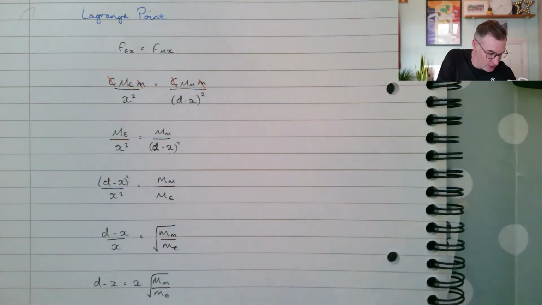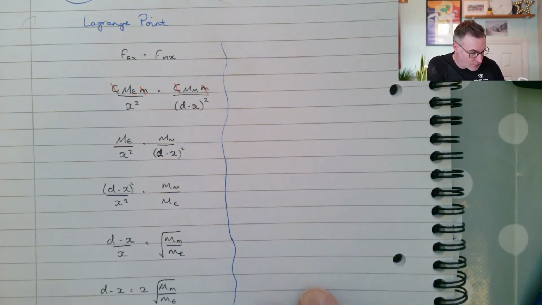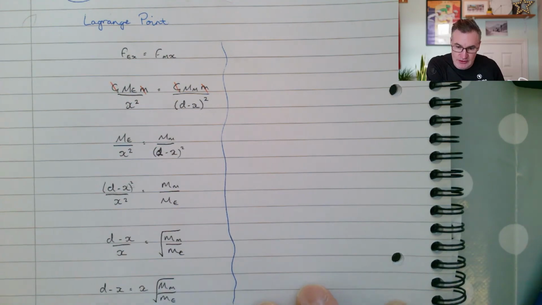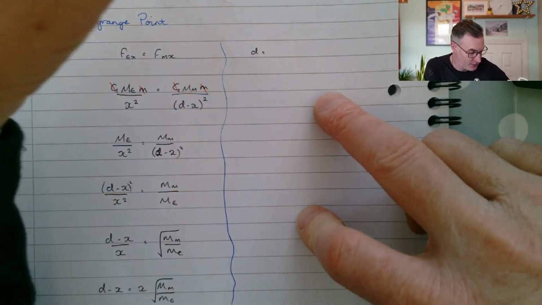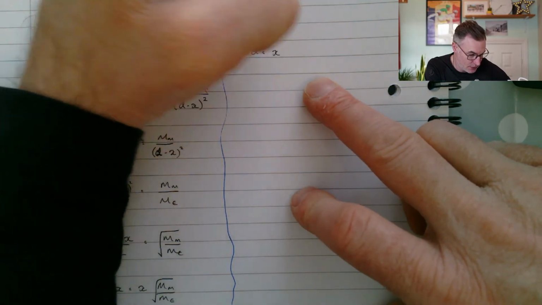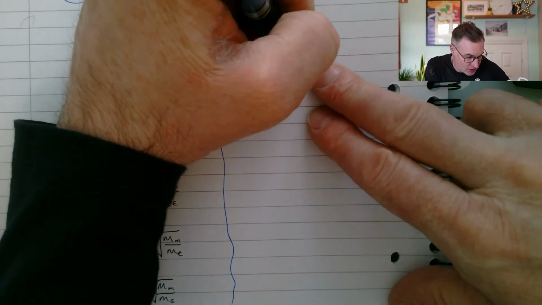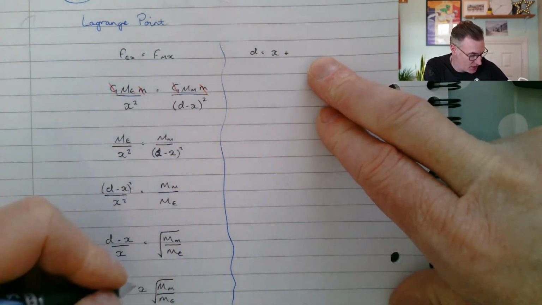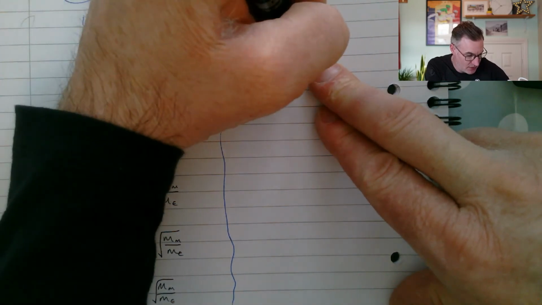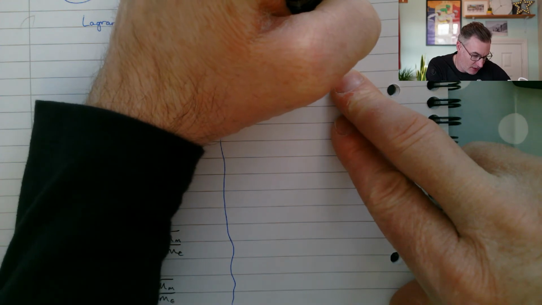Then take this over to the side, and so we'll have d is equal to x. It's a minus x, so you move minus x over to the other side and it becomes positive x, so that's x plus x over this bracket.